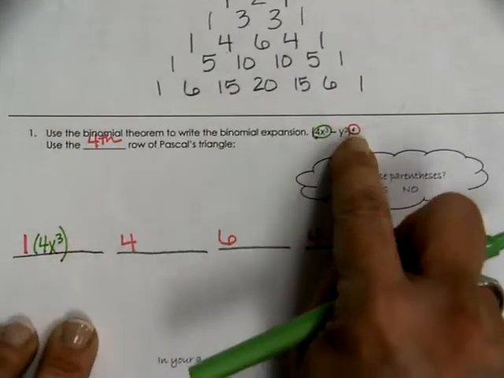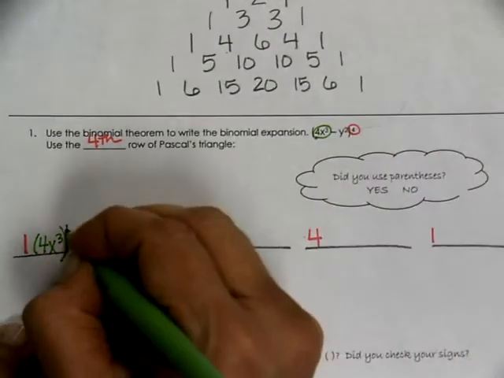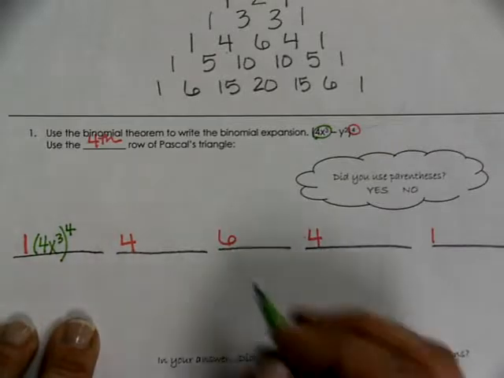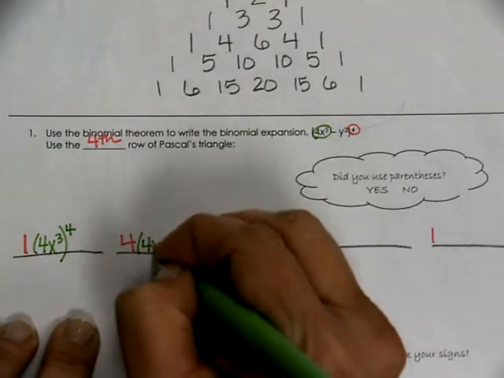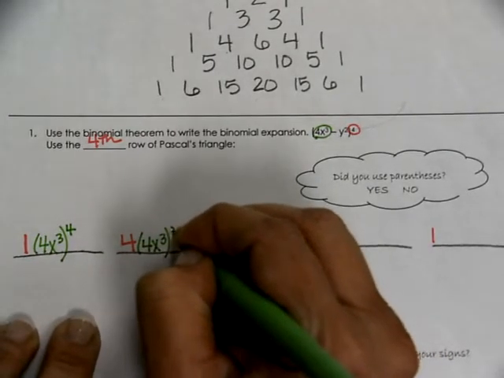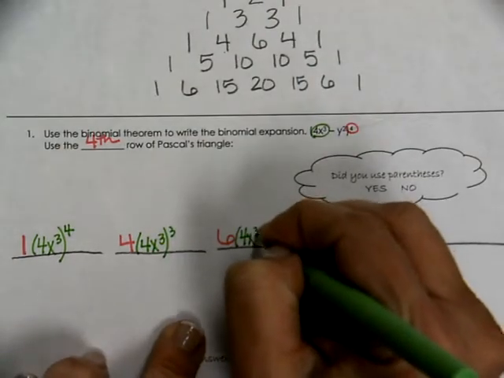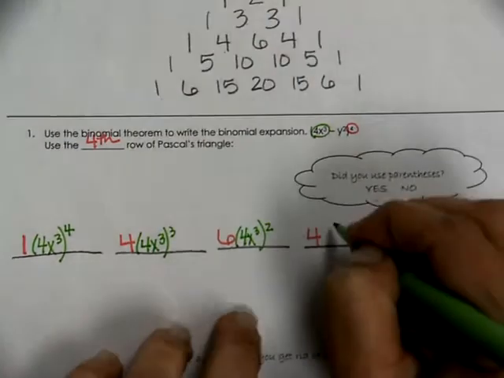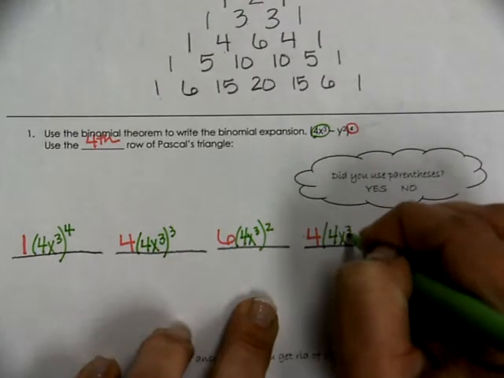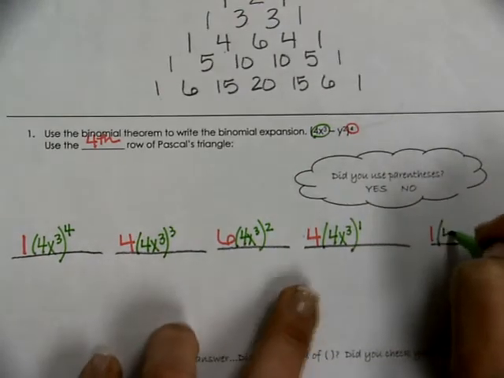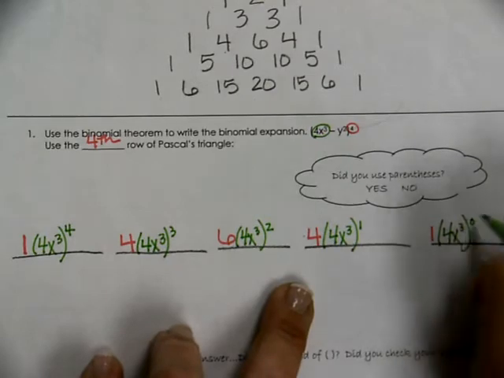Since we have 4 as the exponent, we're going to have it to the 4th power. Next, we're going to have 4x cubed to the 3rd power, then 4x cubed to the second power, 4x cubed to the first power, 4x cubed to the 0 power. You guys remember doing that?